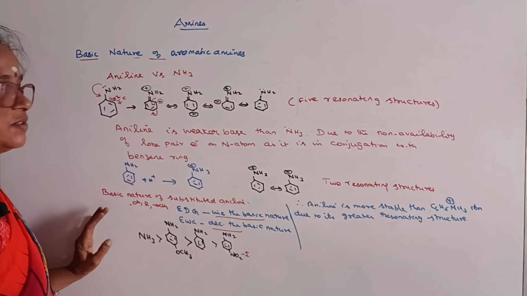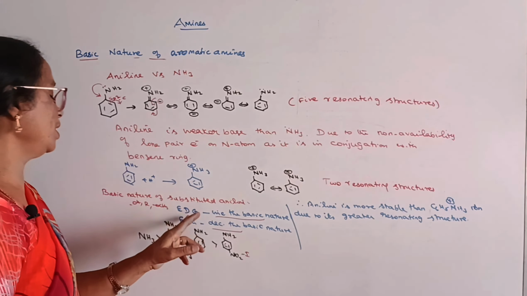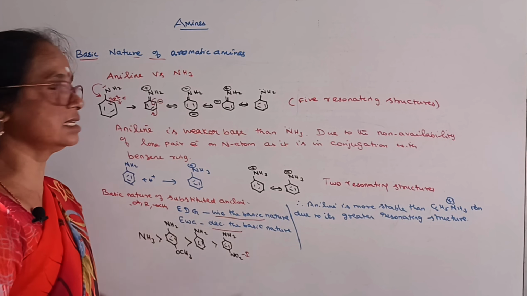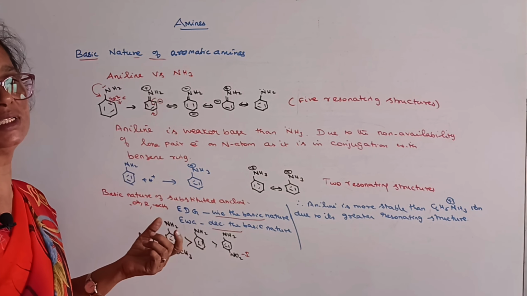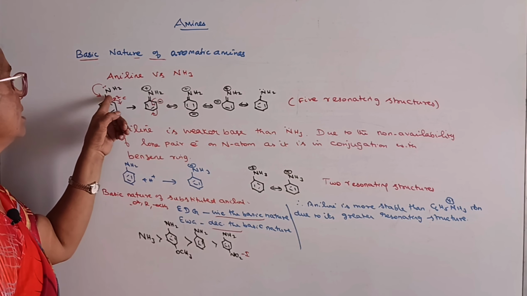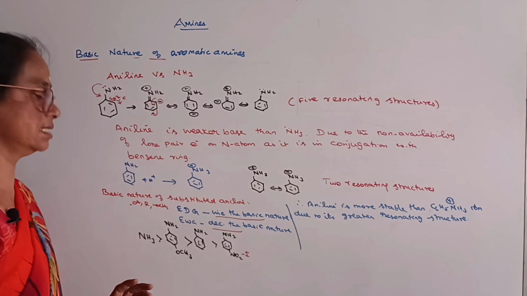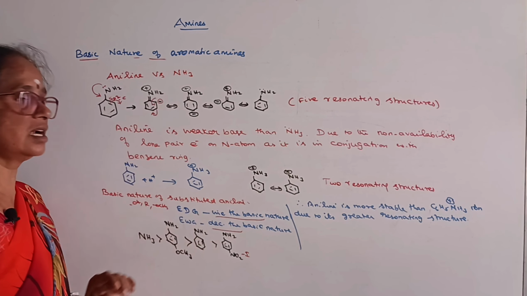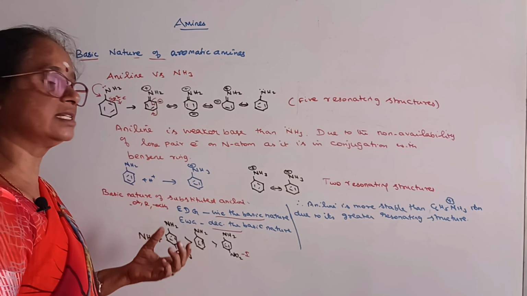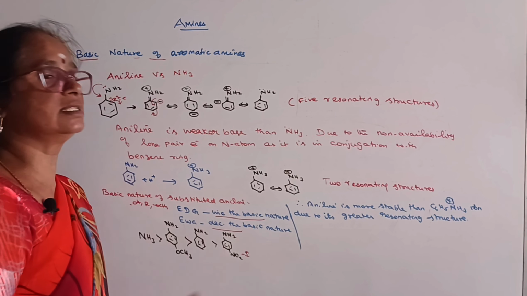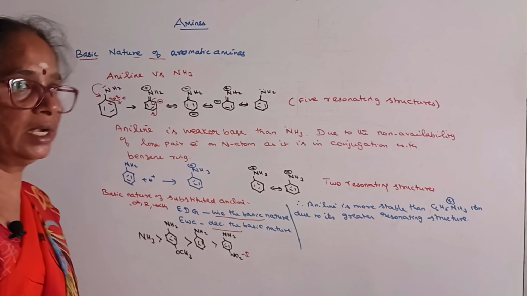Basic nature of substituted aniline. Usually an electron donating group increases the basic strength because it releases electrons towards the benzene ring and hence the electron density of nitrogen increases. But in the case of an electron withdrawing group, that decreases the electron density of the ring itself and hence the electron density on the nitrogen atom also decreases.